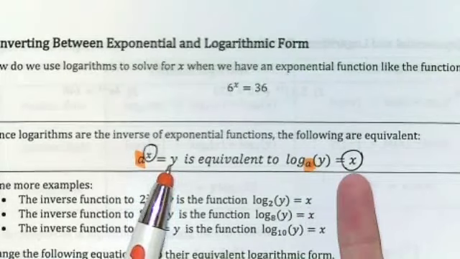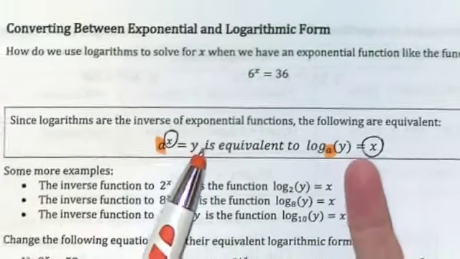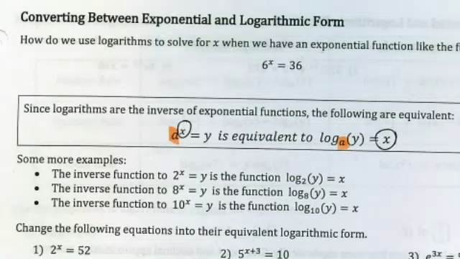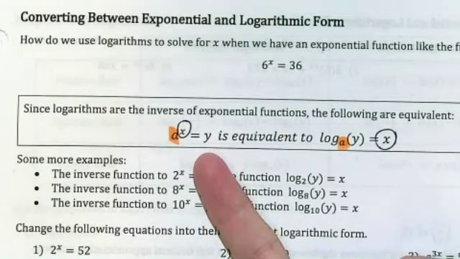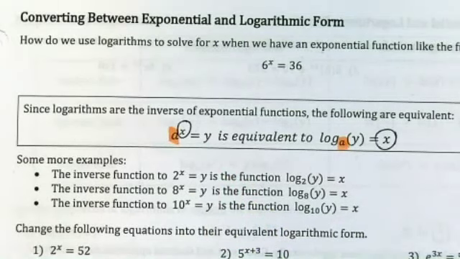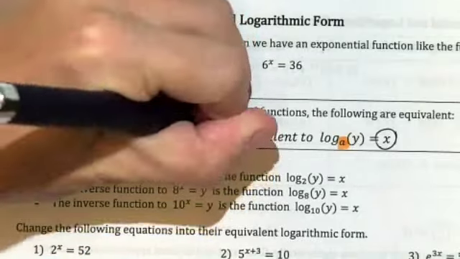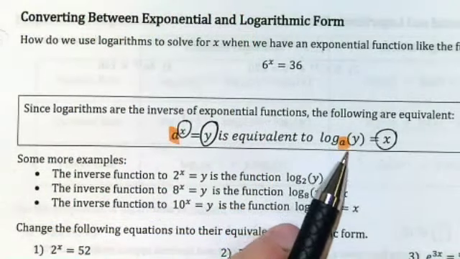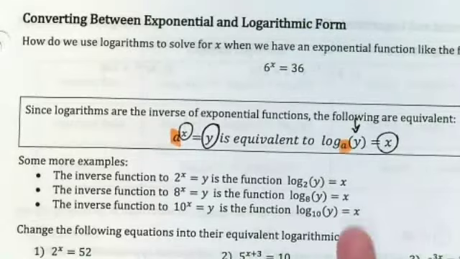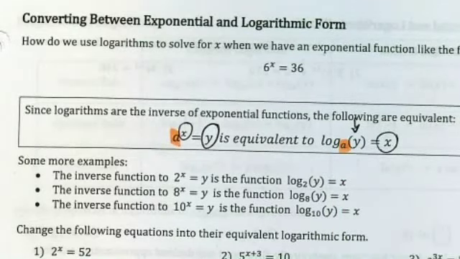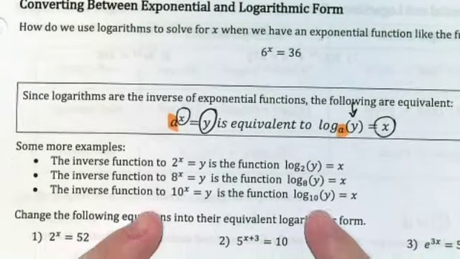So the x's are there, and with the exponential equation, the y is what it is equal to. The y is the output. And here it is what is directly associated with a, with the logarithmic function. So here's a few examples.